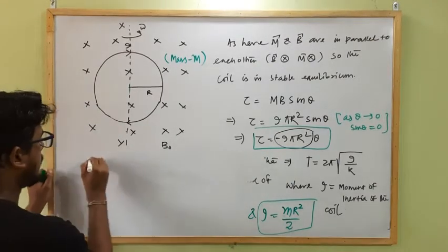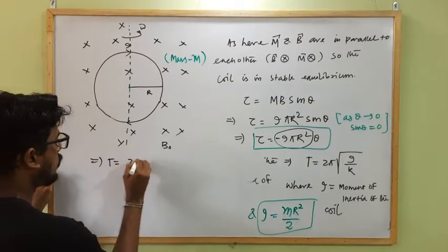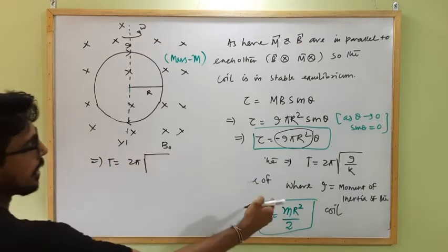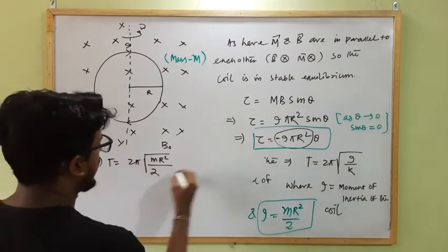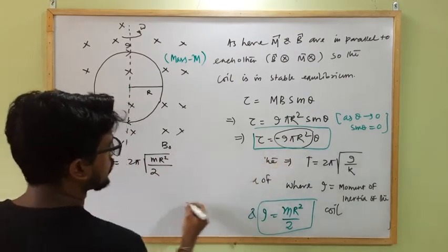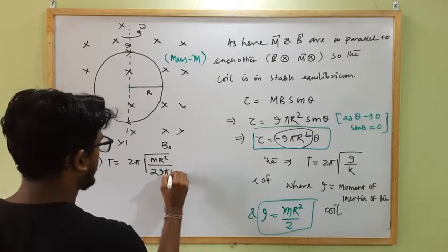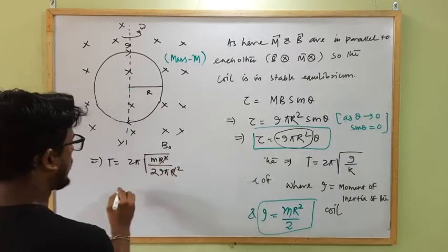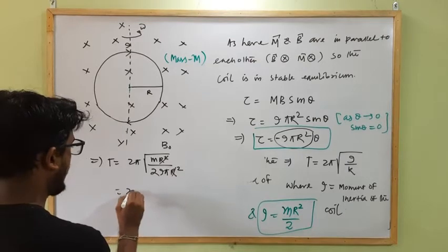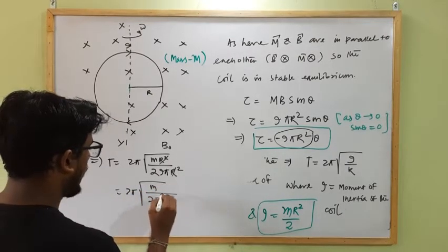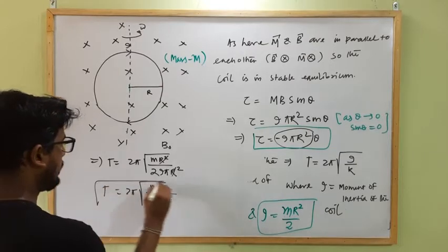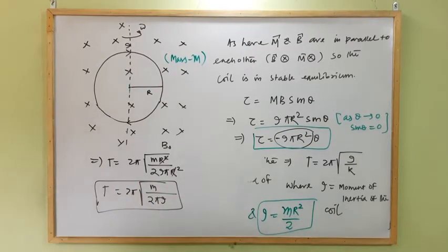So the time period T equal to 2 pi root over of I equal to m r square by 2, divided by k equal to I pi r square. So r square will get cancelled.